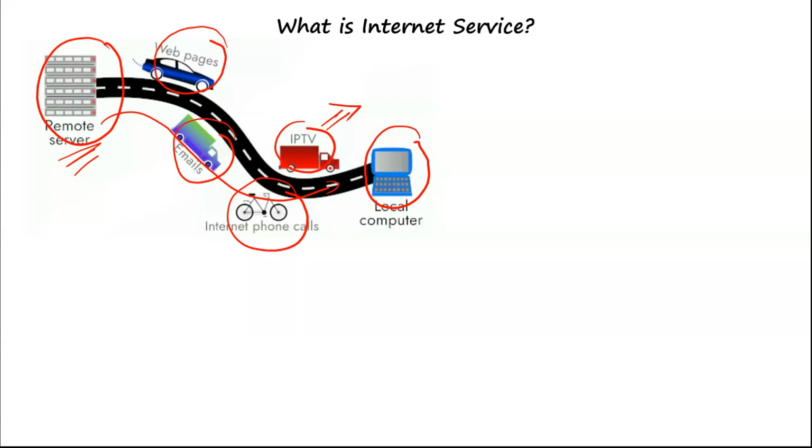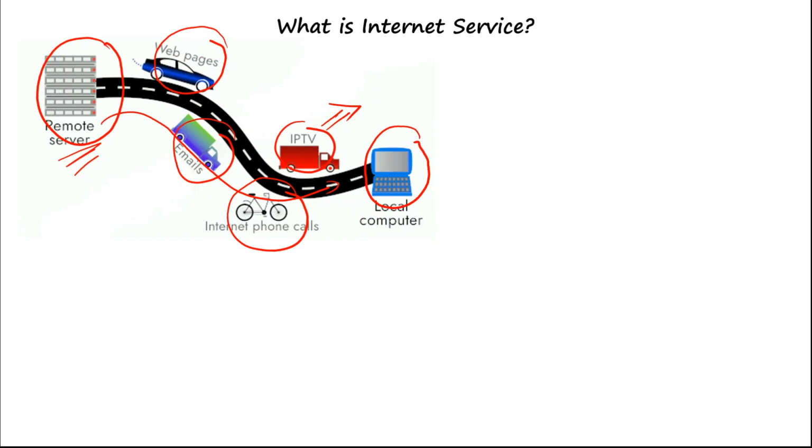If I make it simpler, internet services allow us to access a huge amount of information. There is a huge amount of information such as text, graphics, sounds, and software over the internet. All these come to our local computer, to our laptop or PC, through internet services only.